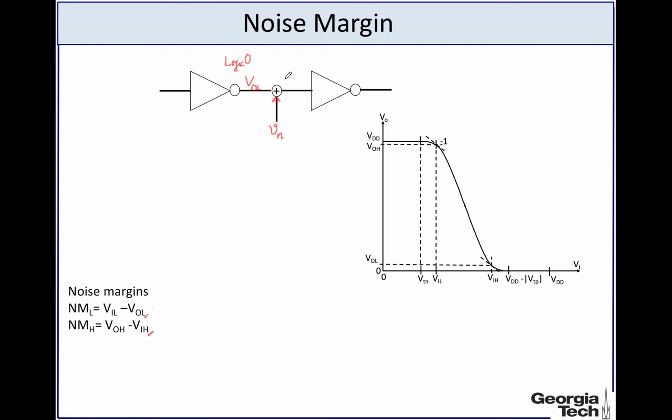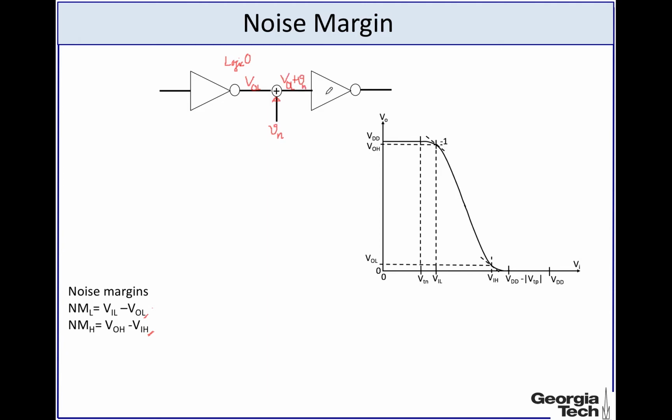So the output of this inverter is VOL voltage, and there is this Vn amount of noise that is added here. So the value of the voltage that is input to this inverter will be VOL plus Vn.